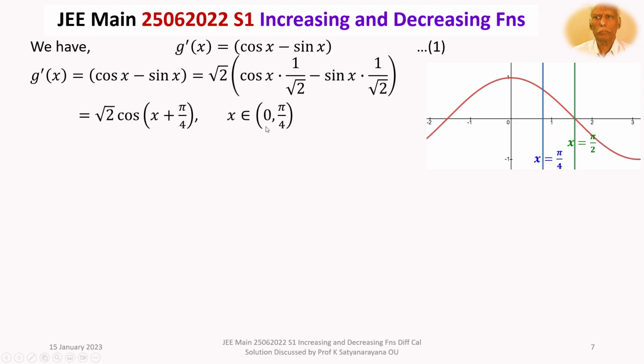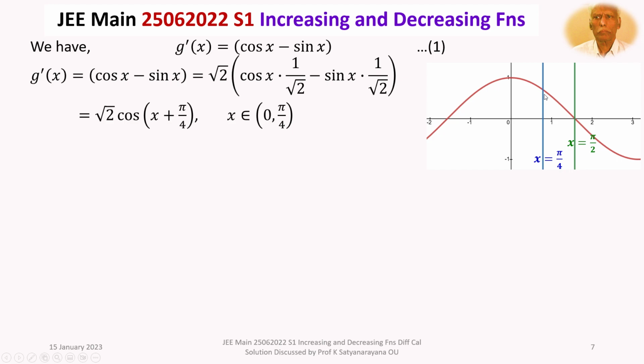Suppose now you take x is 0, then x plus pi by 4 will become pi by 4. That means cos pi by 4. And when x is equal to pi by 4, it will be pi by 4 plus pi by 4, that is cos pi by 2. That means what happens? Between cos pi by 4 and cos pi by 2, it decreases.